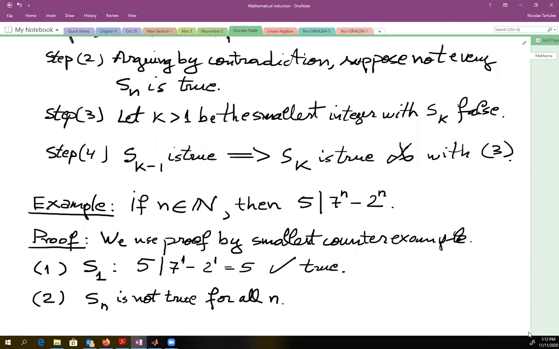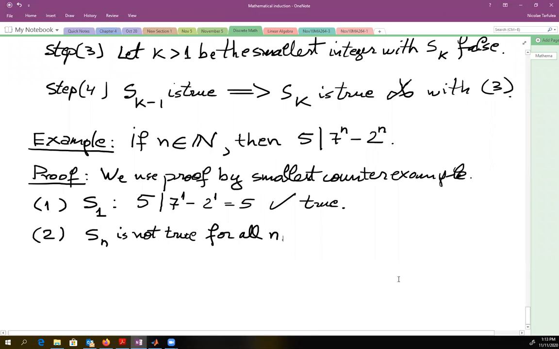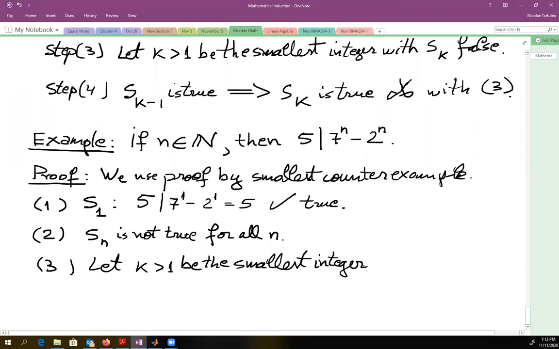Now, step 3, so we follow the general guidelines. Let k, which is greater than 1, we already verified that S1 is true, be the smallest integer, natural number, right?